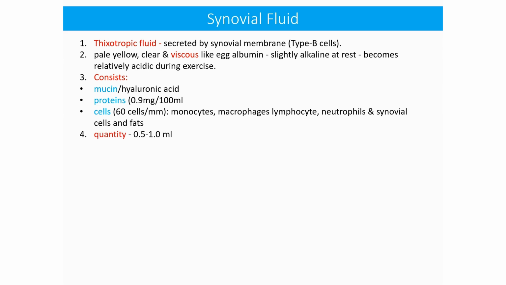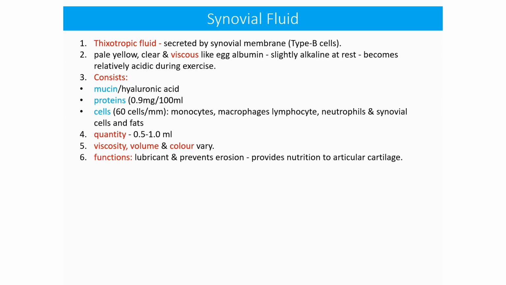Its quantity varies from 0.5 ml to more in different joints. Its viscosity, volume, and color vary. It functions as a lubricant and prevents erosion. It also provides nutrition to the articular cartilage.